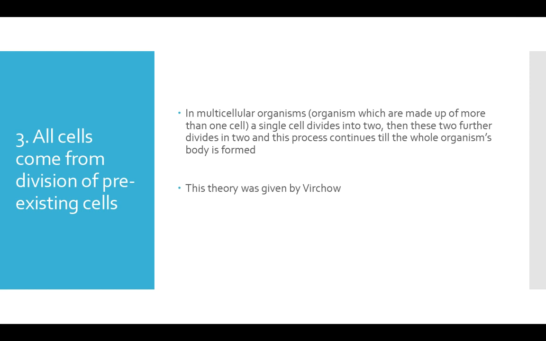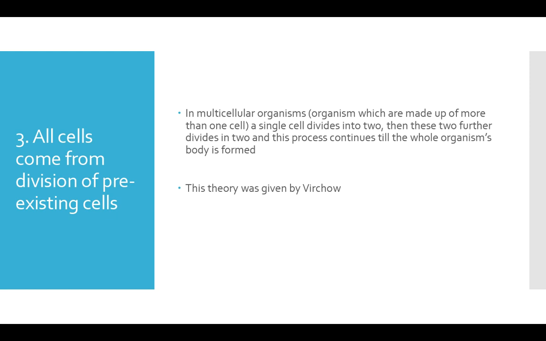There are also unicellular organisms, made up of only one cell, and that one cell performs all the functions of the body. But in multicellular organisms, different cells do different functions. We are multicellular organisms because we are very large and have different cells which perform different functions.